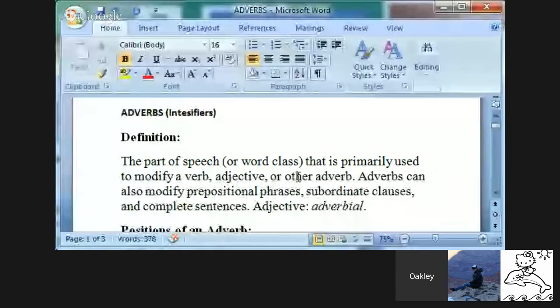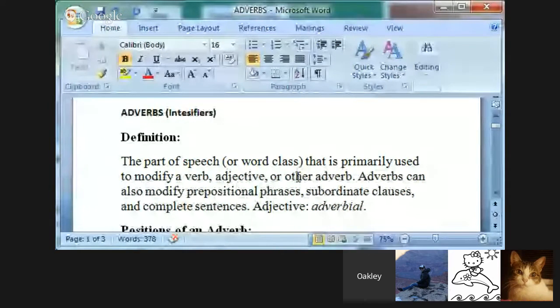What is an adverb? It is a part of speech, or word class, or word form sometimes. Other words include nouns, adjectives, verbs, prepositions, and so forth.